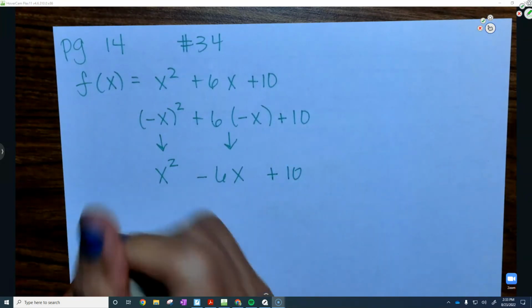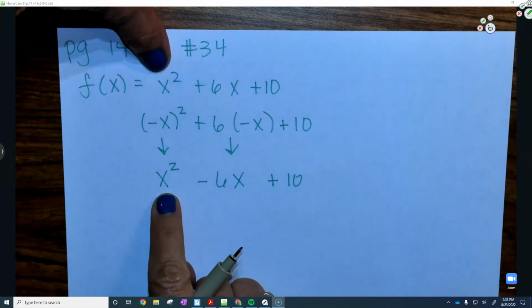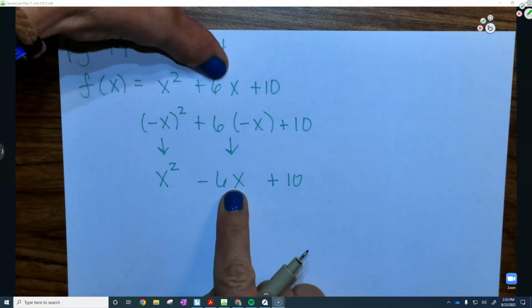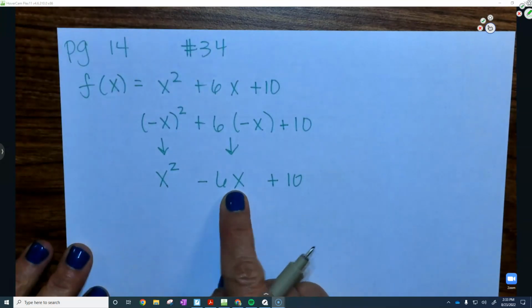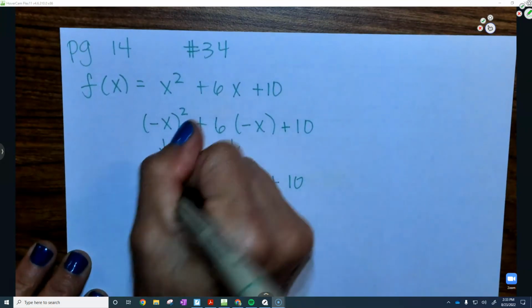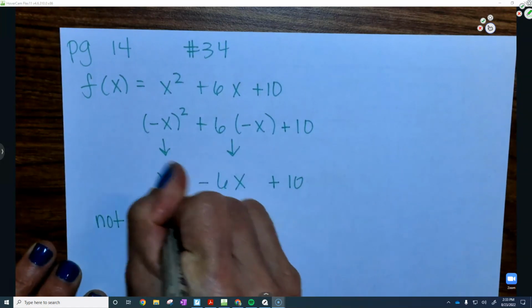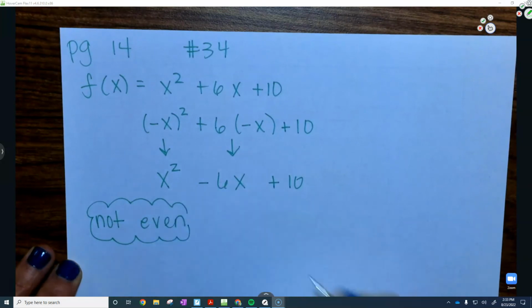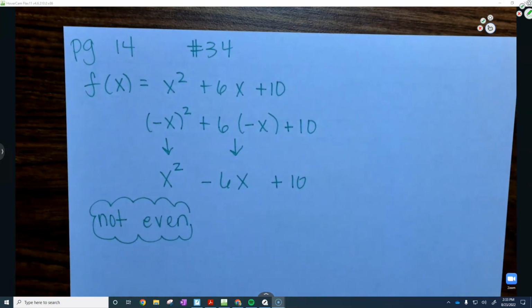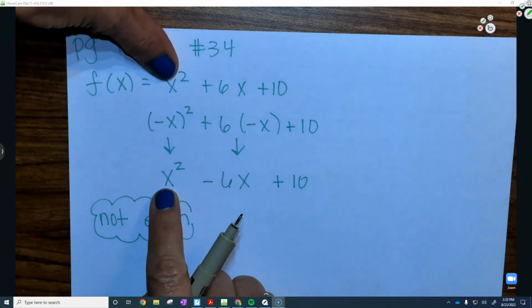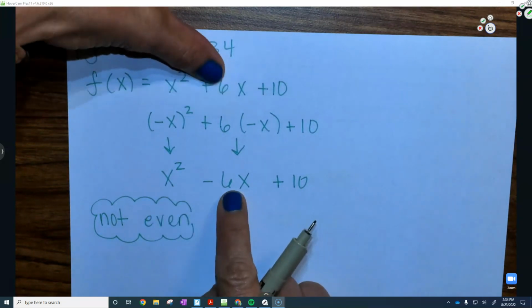Let's analyze what just happened. Are these the same? Those are the same. Are these the same? Oh, then it's not even. So it's odd. Well, remember, it's only odd if all of their signs changed. Those did not change, guys. These changed.